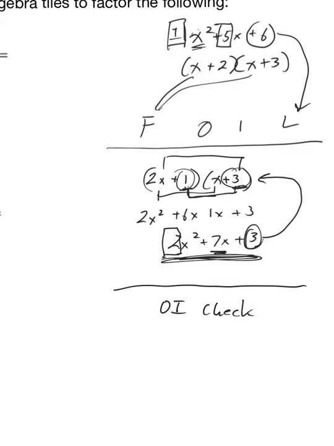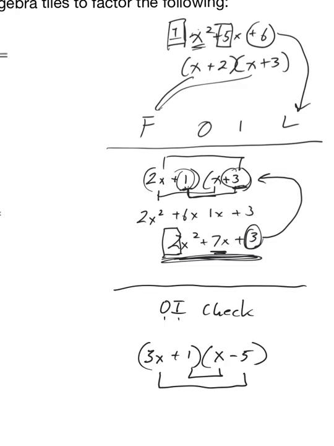Whether or not you understand what I'm getting at right now, I want you to do the OI check. That means the outside, inside. We multiply those together and add them up. The OI check is used when we have something like this. It means multiply the outside terms and the inside terms and add them together. Eventually I'd love you to be able to do this in your head.